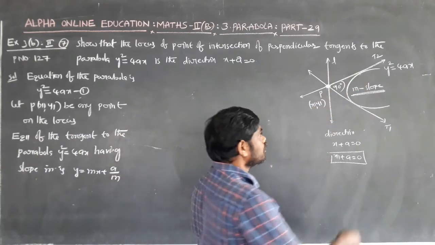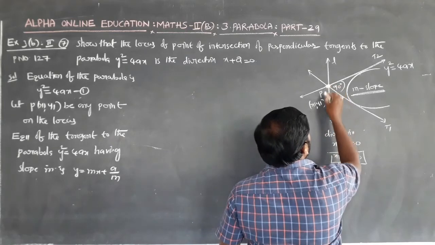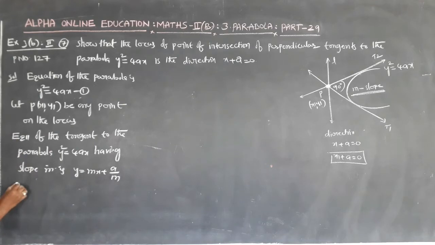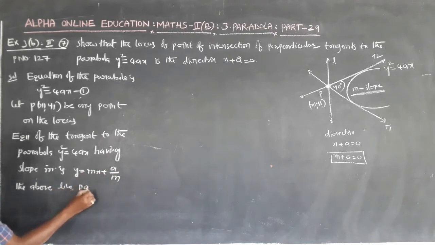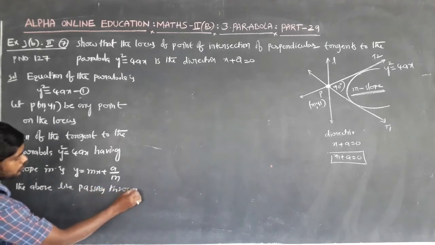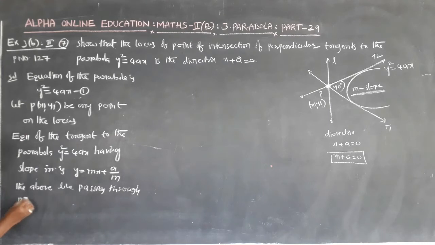Observe here two lines are passing through the point P(x1, y1). The above line, y equal to mx plus a by m, passes through P(x1, y1).